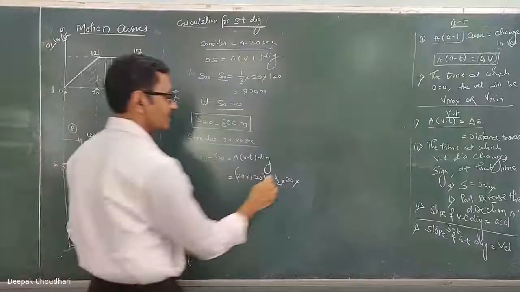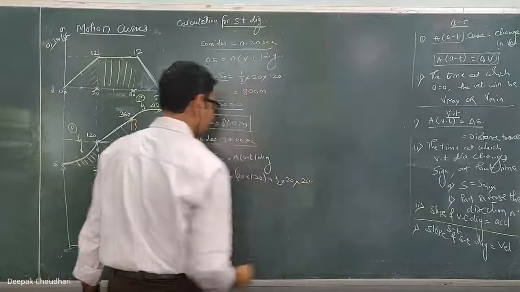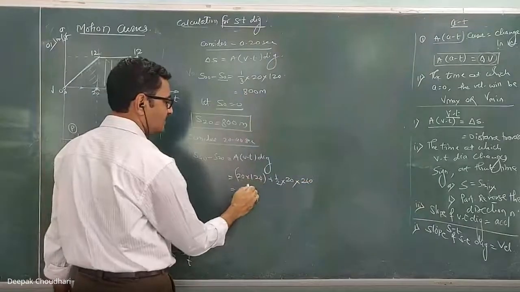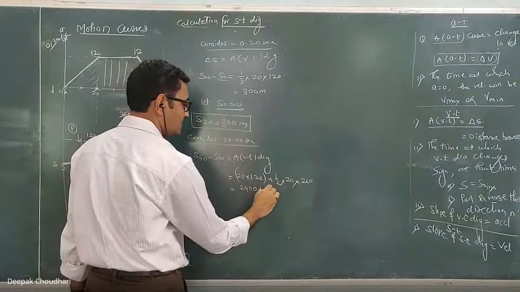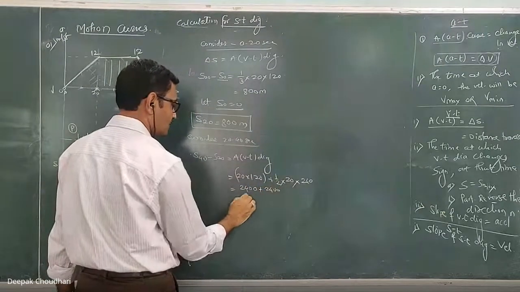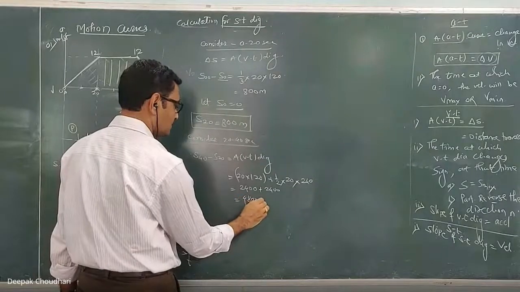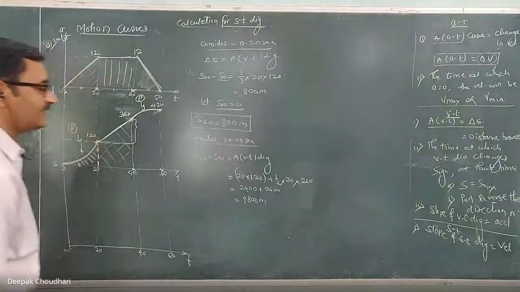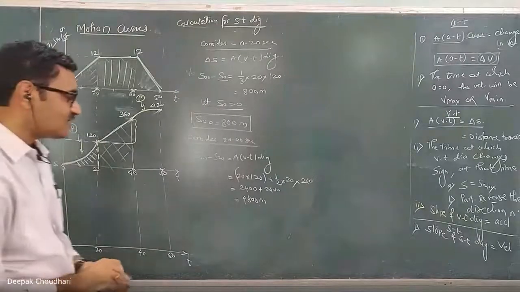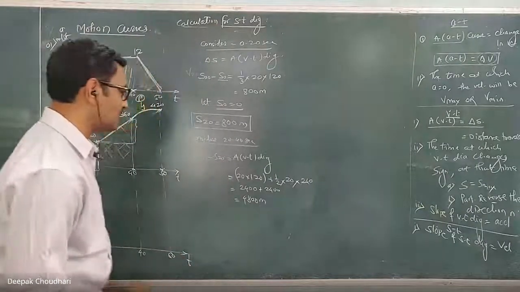It is 360 minus 120, which is 240. Clear? So how much is this? It is 2400 plus 2400, which is equal to 4800. So this much is the distance traveled by the particle from 20 to 40 seconds, or you can say this is the change in displacement from 20 to 40 seconds.